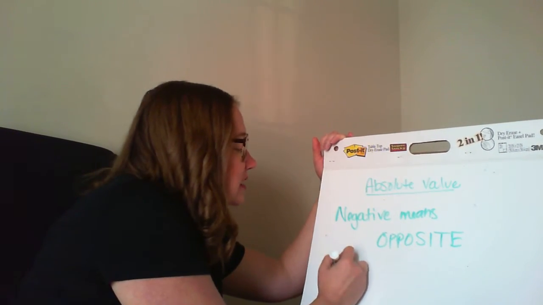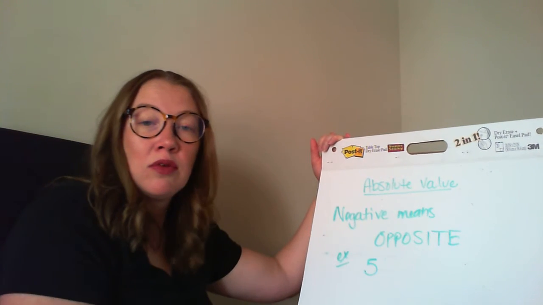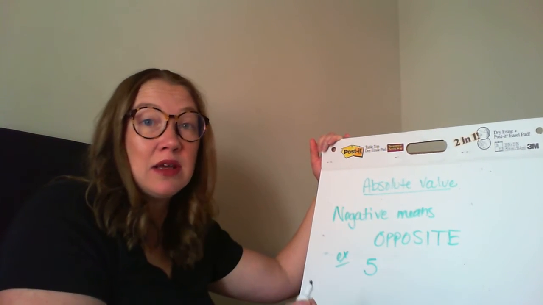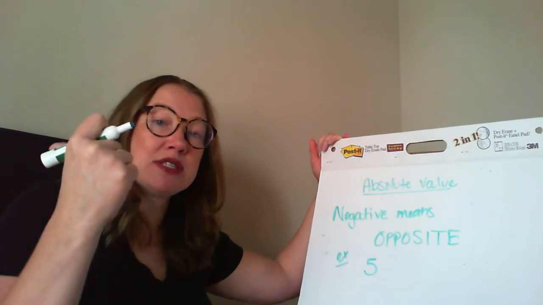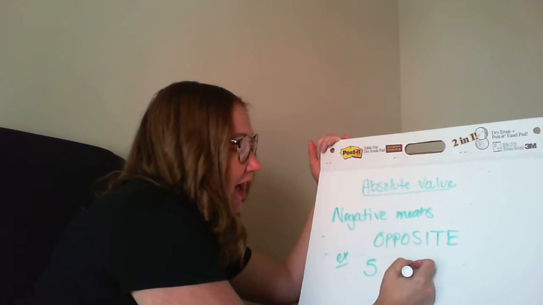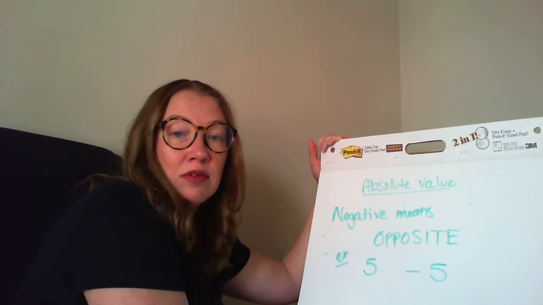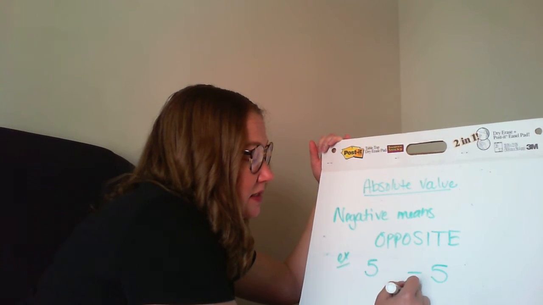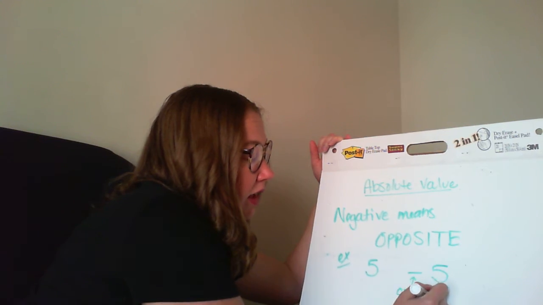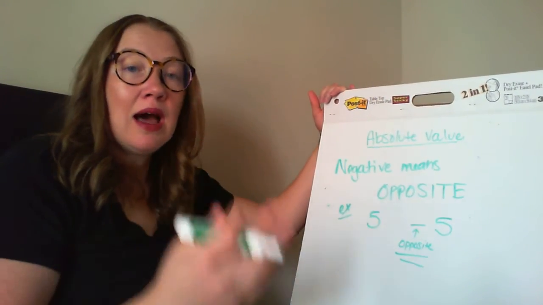What I mean by that is, for example, if I have the number 5, the opposite of 5, the number that is the same distance but on the other side, the opposite of 5 is -5. I see this negative sign, and that means opposite. Negative means opposite.